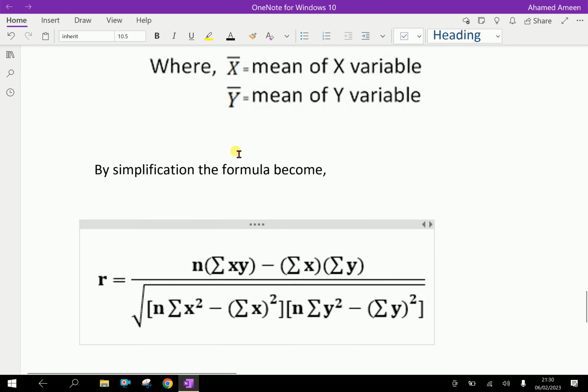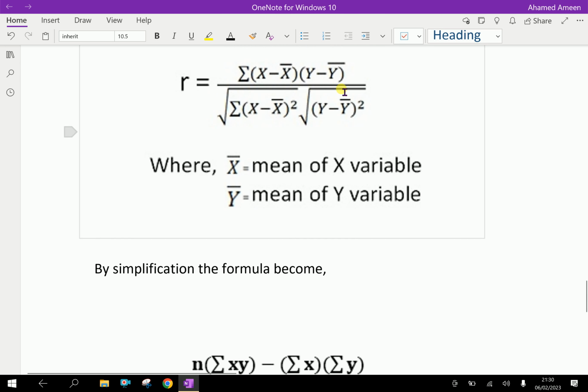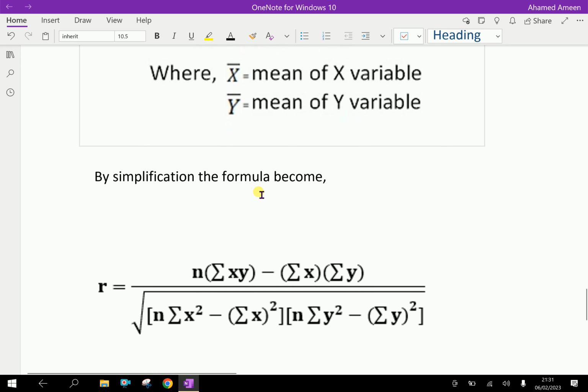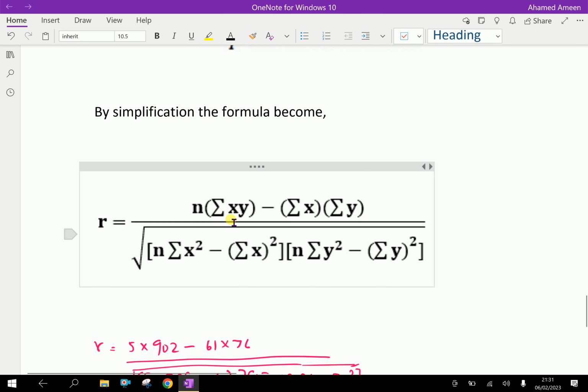After expanding, some lower terms cancel, and we get R equals n sigma xy minus sigma x into sigma y, over the square root of (n sigma x square minus sigma x whole square) into (n sigma y square minus sigma y whole square).